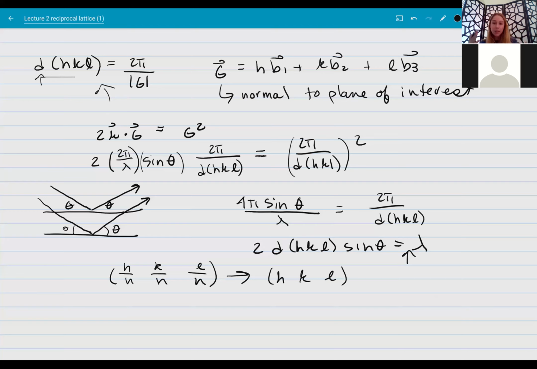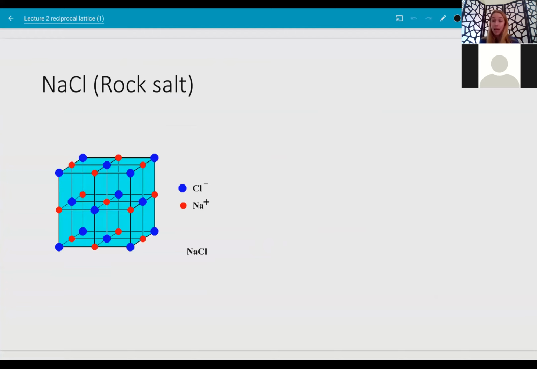The last thing that I want to do is some very quick examples using salt. These are just going to be visual examples so that you can see some data that is actually used in contemporary research. The examples are all going to be on rock salt, sodium chloride.